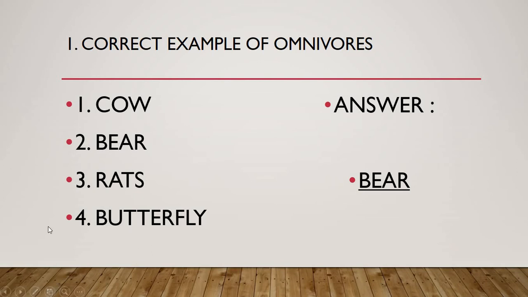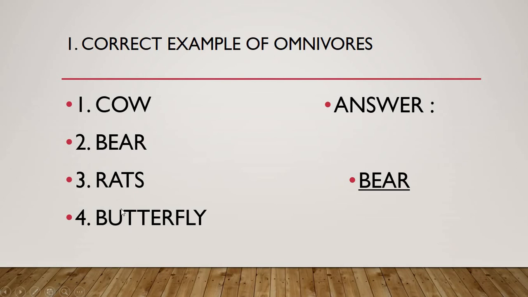So here bear is the only one. Rats don't do that, butterflies never do that, and nor does the cow. We can see them eating plants. So other than bear, the examples written here are either herbivore or carnivore. Correct? So the correct example for omnivore here is bear.